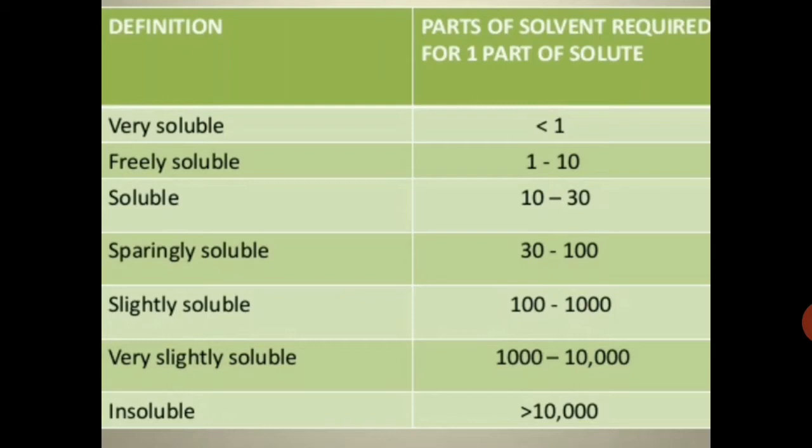For slightly soluble the range is 100 to 1000, for very slightly soluble substances the range is 1000 to 10,000, and for insoluble substances it is greater than 10,000 parts. So the next one is solubilization.